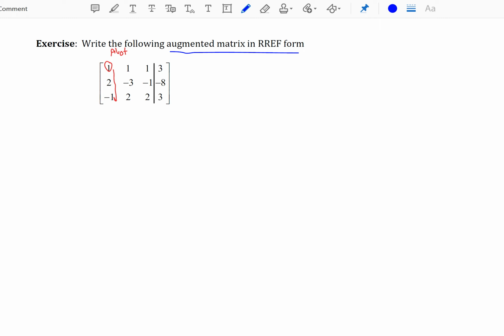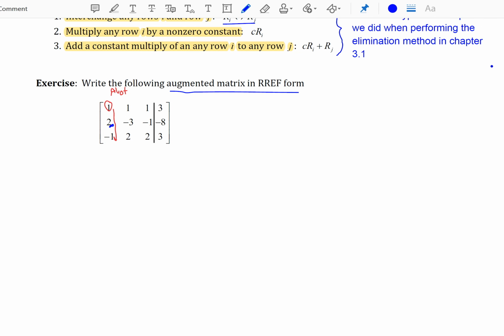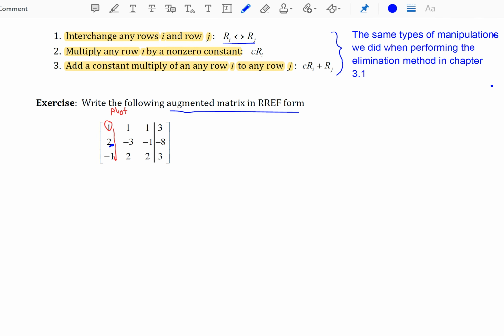To do that, I look at this number 2, and I want to turn that 2 into a 0 using elementary row operations. And I'm going to use operation number 3 that says I can add a constant multiple of any row to any row. So let's go maybe -2 times row 1 and add that to row 2.